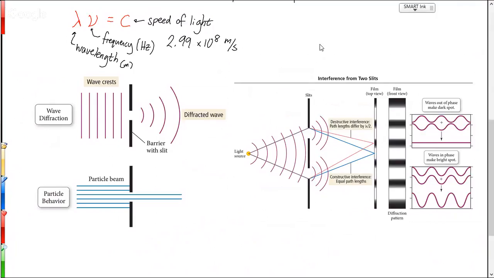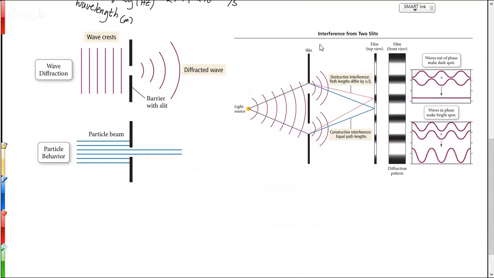If you were to measure this on a film with light, you'd see dark spots where you had destructive interference, so that light is gone, and bright spots where you had constructive interference. Based on that pattern, you can make some conclusions about the spacing of the slits or the layers, and there's various things you can find out from that. We're not going to be concerned with that right now. All you need to know is that that happens, and that's different from what would happen with just particles.